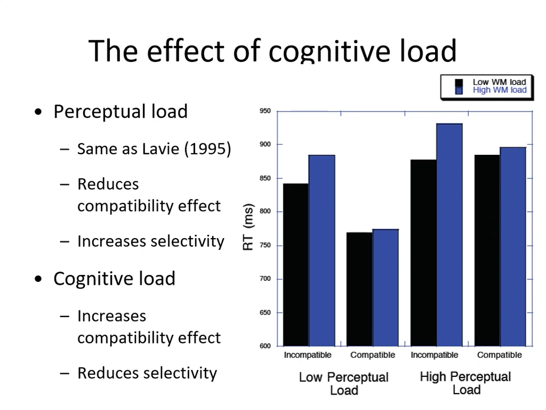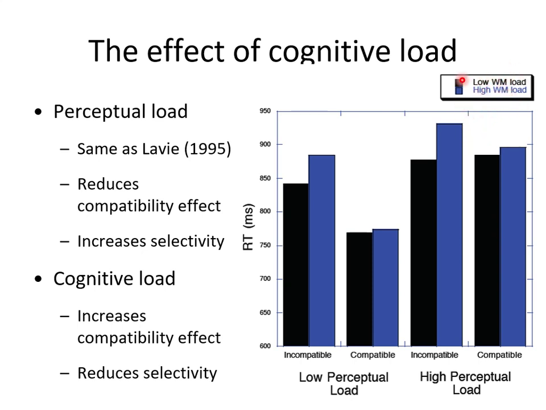Now, as a revision, let us first look at the effect of perceptual load. First, the y-axis is still response time. And then what conditions do we have? We have a low perceptual load versus a high perceptual load condition. We also have the low working memory load and high working memory load condition.